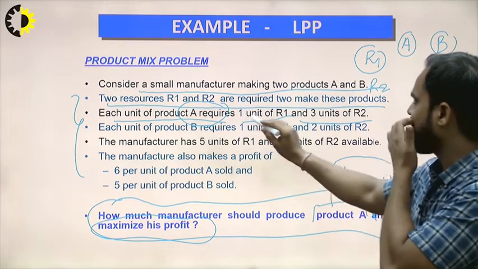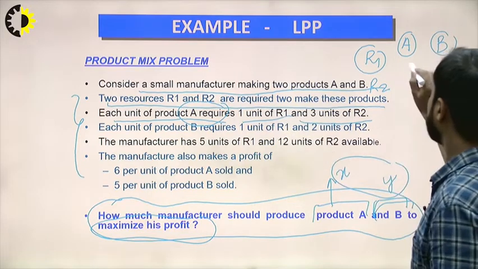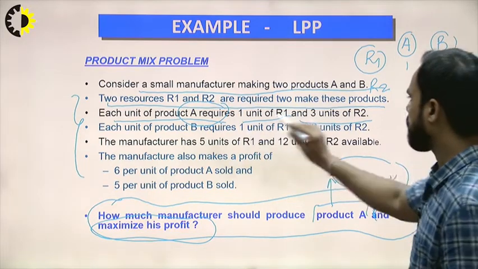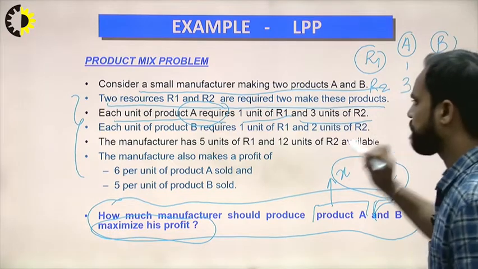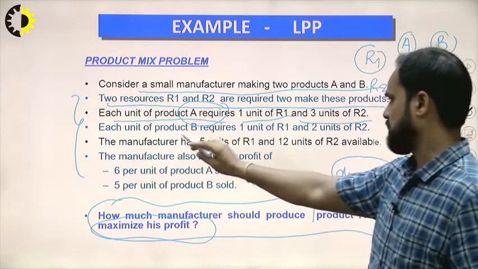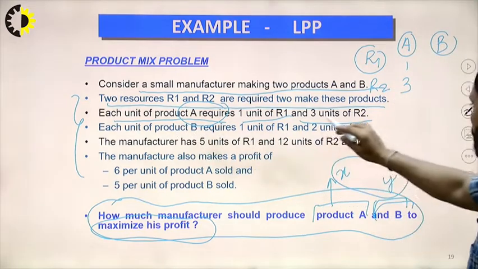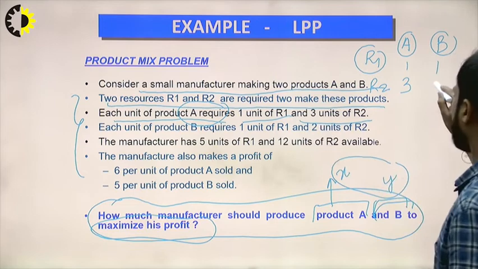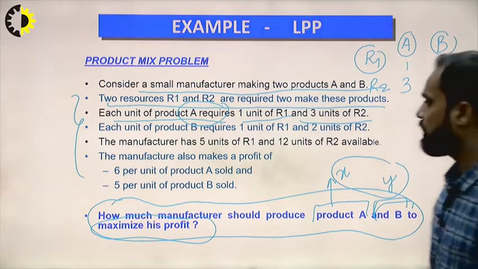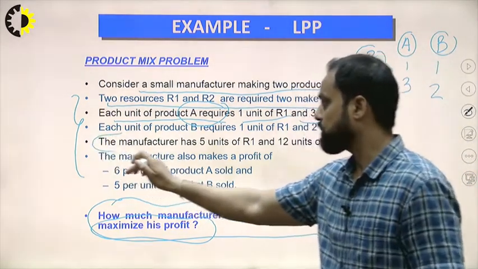This is 1 unit of R1 for product A, and 3 units of R2 for product A. In the same way, each unit of product B requires 1 unit of R1 and 2 units of R2.